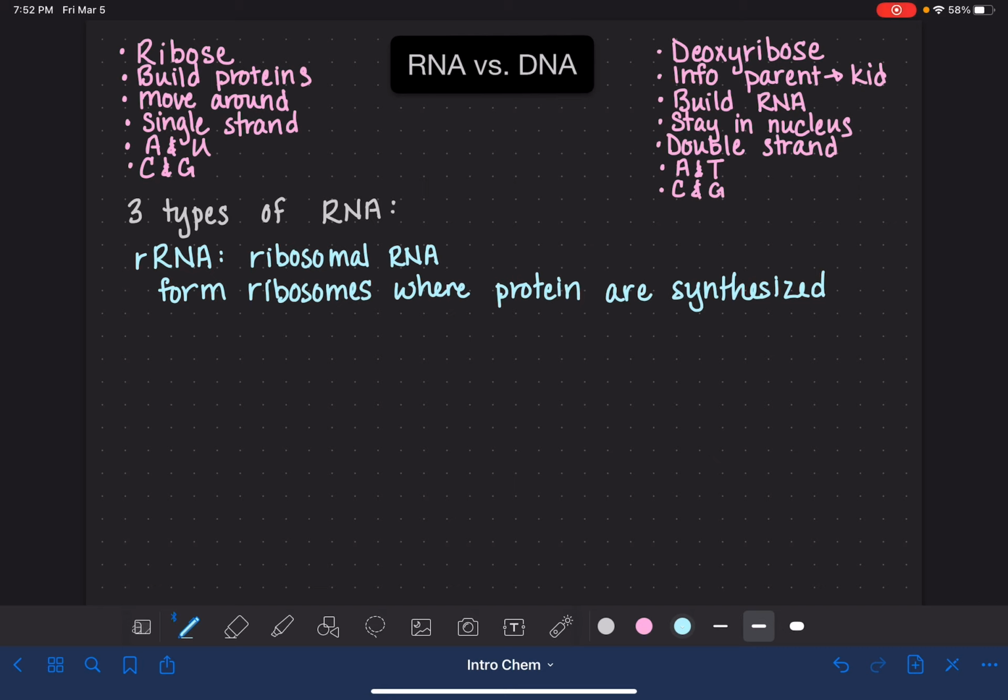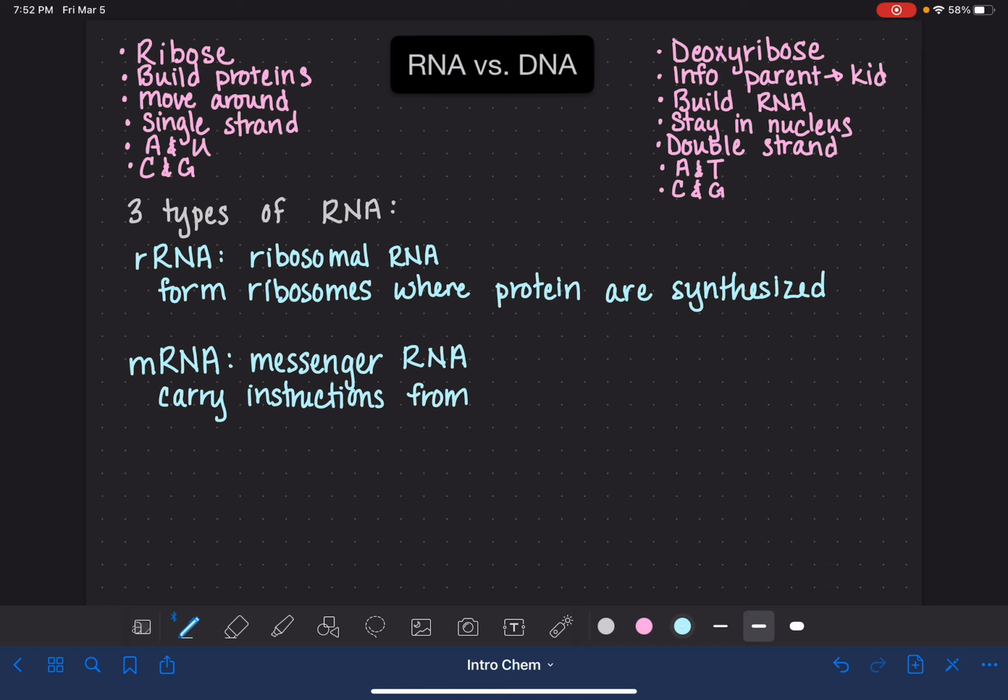The second type of RNA is mRNA. That's also a lowercase m, and this stands for messenger RNA. The job of the messenger RNA, which its name kind of implies, is to carry the message or instructions from the DNA to the ribosomes.